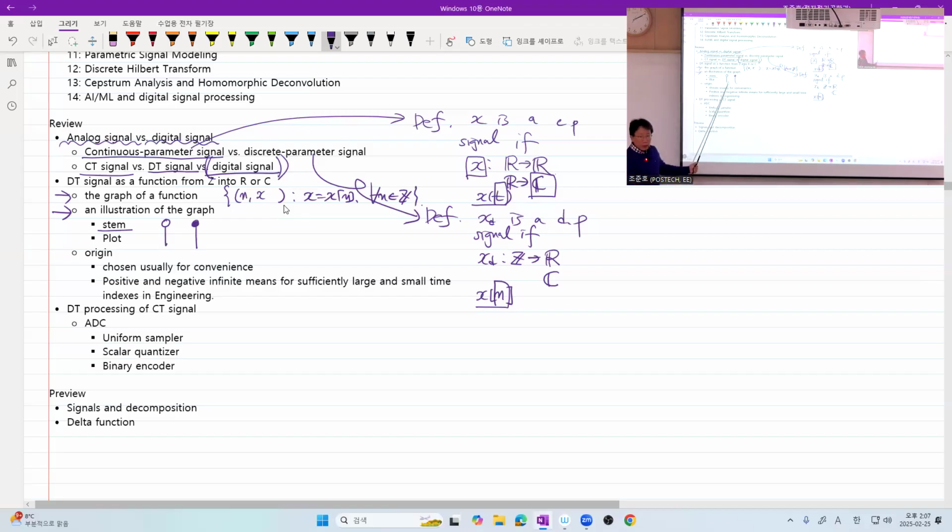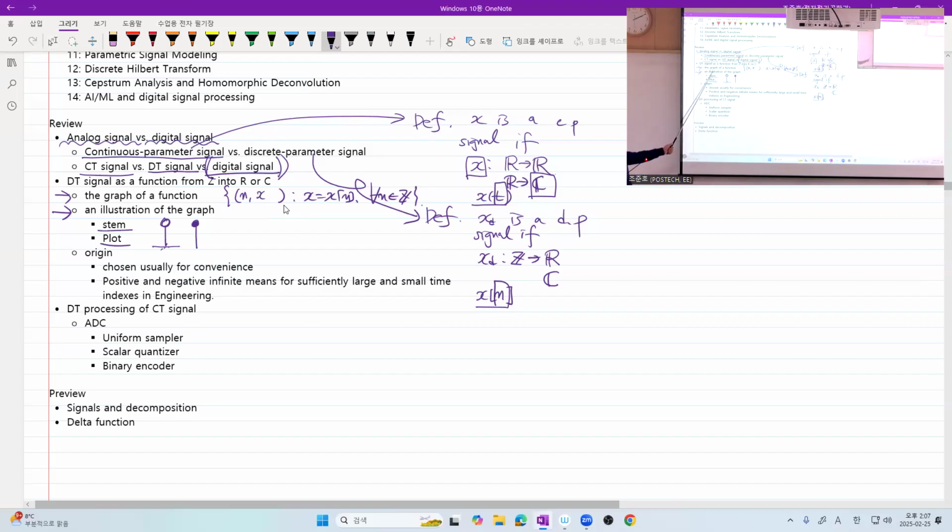And I emphasize that this vertical line has no meaning. It's just to show which point corresponds to which time index. Okay, so as you've done in the homework, some discrete time signals are better illustrated by using the simple plot function. Got it?